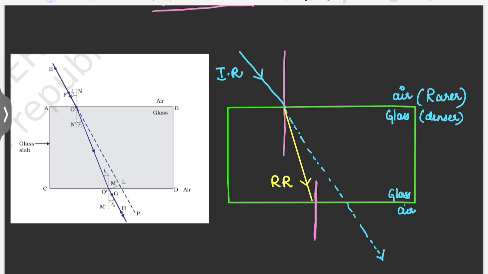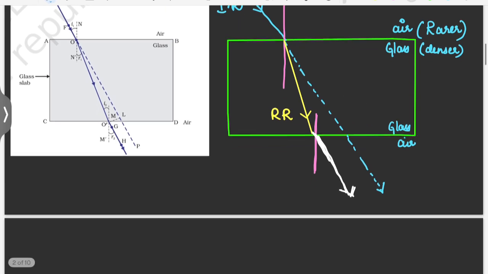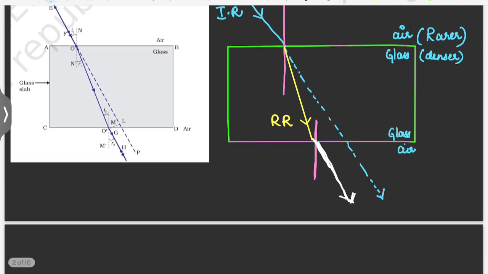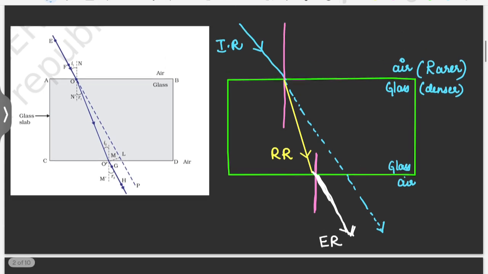Now you can see the ray is going to bend like this. The ray which is coming out is called the emergent ray. I'll write it as ER. What is ER? ER is called the emergent ray.